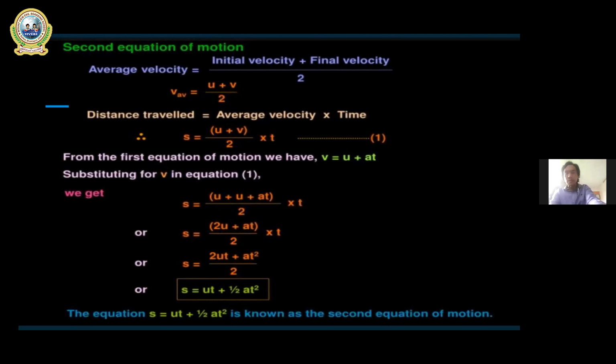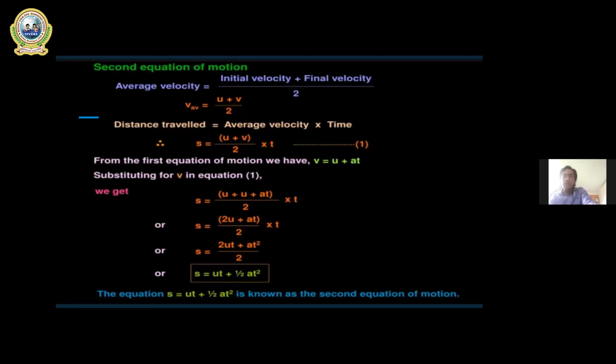You have to consider by writing the same language: let us consider a body moving with initial velocity u, and that accelerates at the rate of a, and let v be the final velocity after time t, and small s be the displacement. After writing that language, then you can start writing this step, which you can see at the top of the screen. Now how to start for proving the second equation, s equals ut plus half at square?